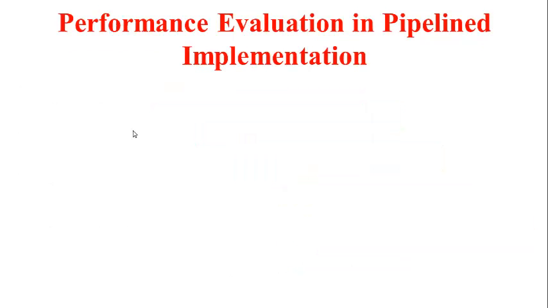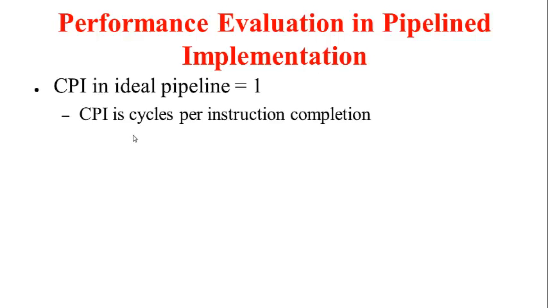Let us now see how we can quantify the performance effect of these kinds of stalls and how we can quantify performance of a pipeline implementation in general. Here is a question to start with. What is the CPI of a pipelined MIPS implementation going to be? The CPI in an ideal pipeline is going to be 1.